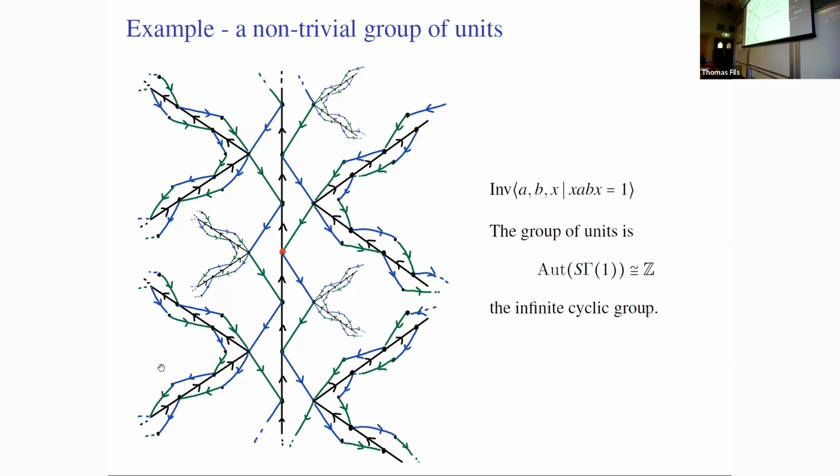Let's say that when you move this red dot up and down this vertical spine, once you've decided where the red dot's going, then that determines where everyone else goes. If you think about it, imagine I move the red dot up too, then the nature of this graph is that there's one black arrow coming out of that red dot, so that edge must map there, and there's one coming in, so that edge must map there.